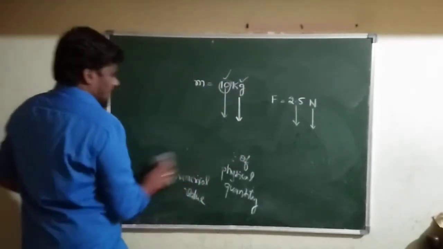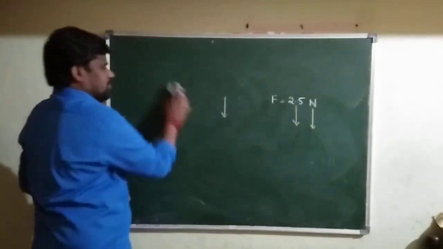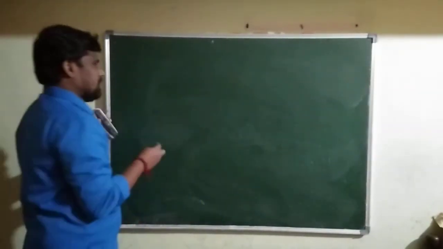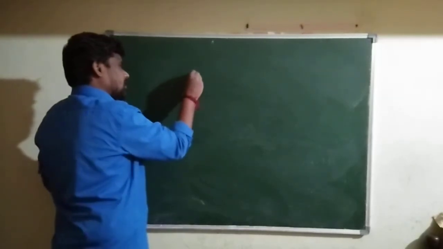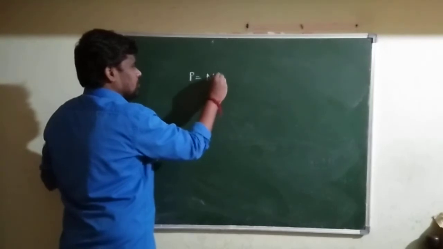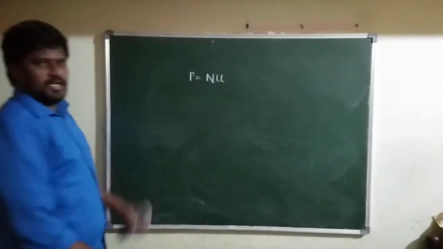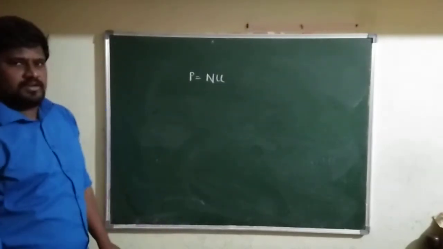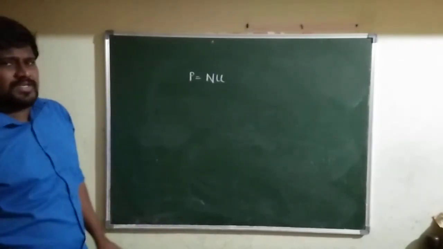And one more important piece of information here. After measuring any physical quantity, you are reporting a result. P is a physical quantity, represented as n into u, and the very interesting thing is, n into u is always constant.